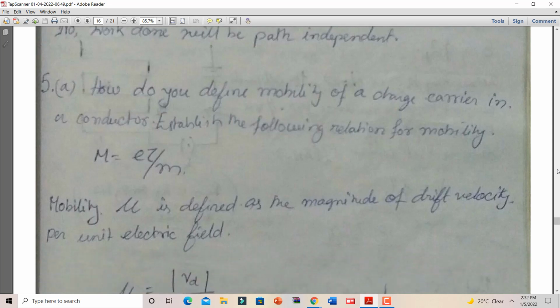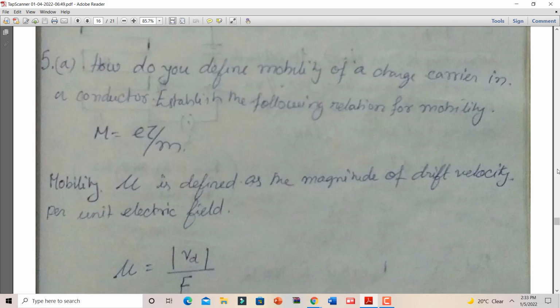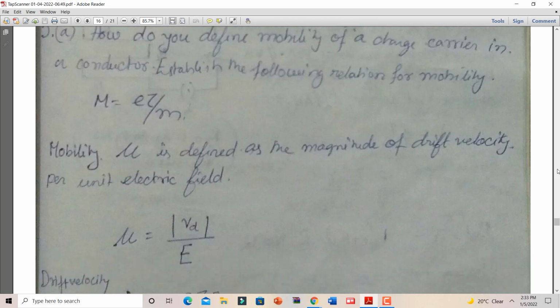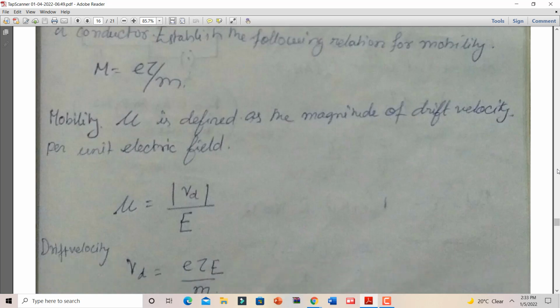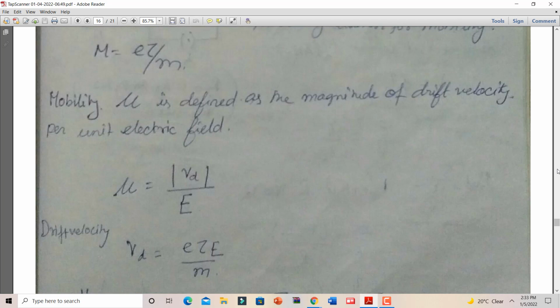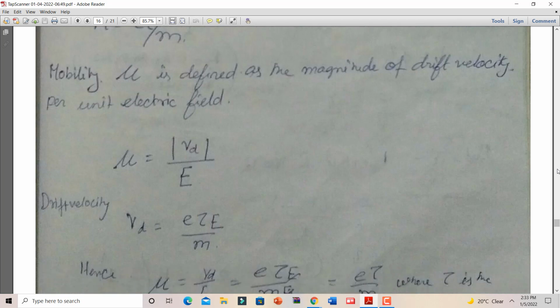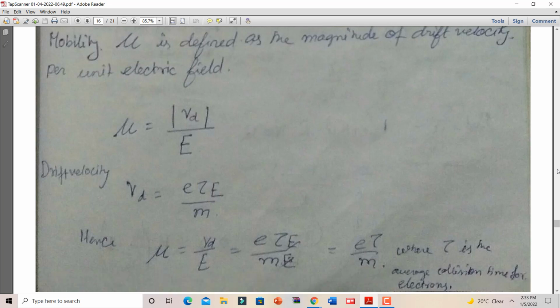How do you define mobility of a charge carrier in a conductor? Establish the relation mobility mu is equal to e tau by m. Mobility mu is defined as the magnitude of drift velocity per unit electric field, or mu is equal to Vd by E, where Vd is equal to e tau E by m.